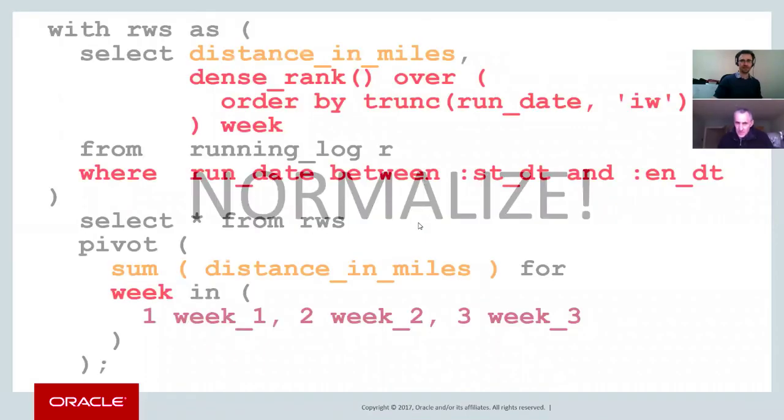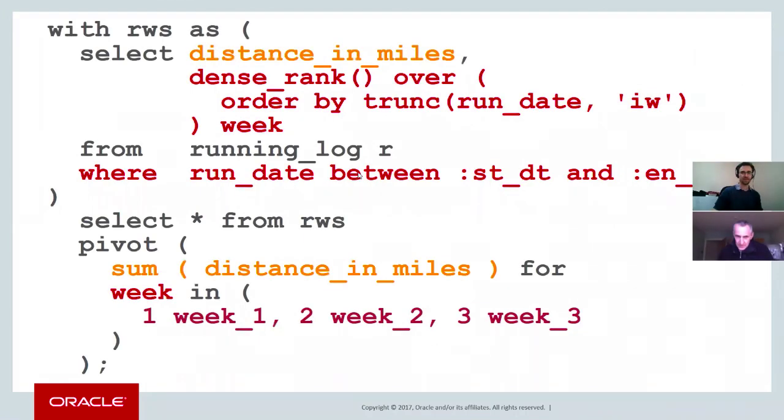I think one thing, actually, let me bring the slide up again and share my screen. If I go back up, we can see here where I'm filtering the data in the subquery. That's a general important point: filter your data as soon as you can, because the smaller the data set you're processing, the less data you've got to work on, the faster your query is going to be.